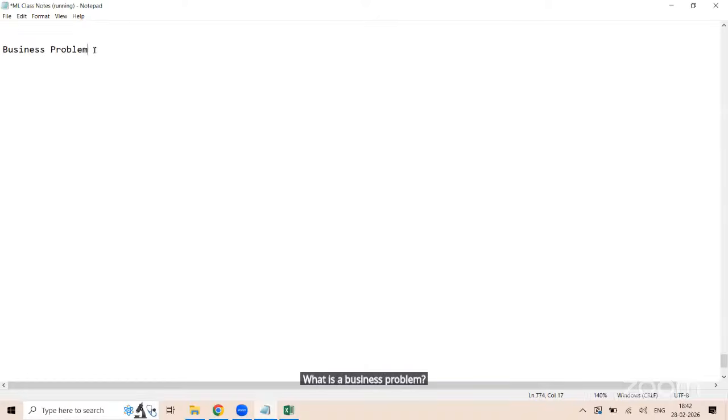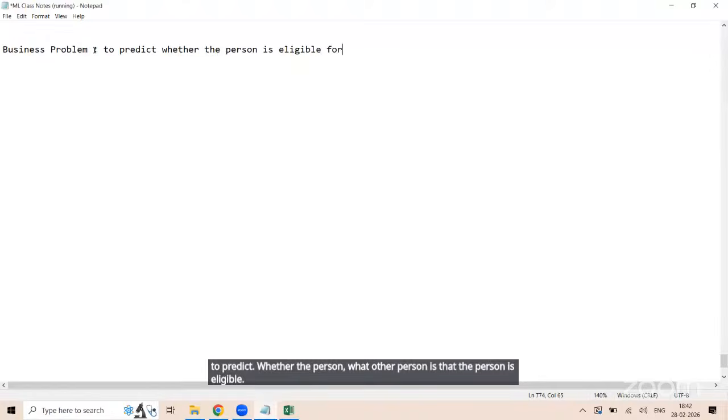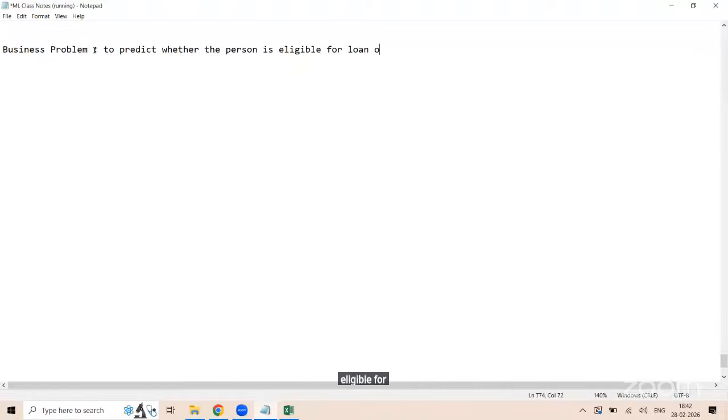The business problem is to predict whether the person is eligible for a loan or not. That is the question. That is the business problem.